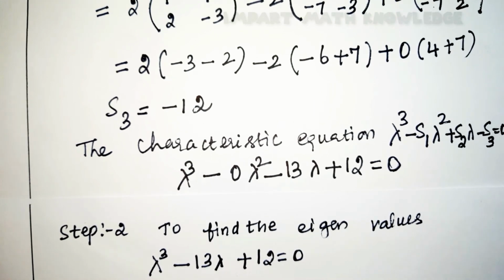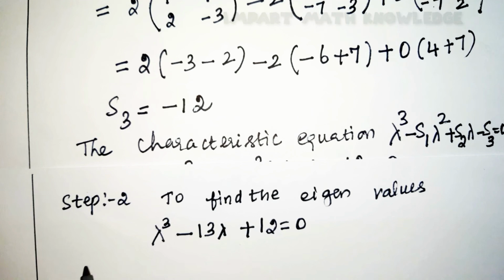The given problem is a 3 by 3 matrix, so we get a third degree characteristic equation. We need to find 3 eigenvalues. For finding eigenvalues, we have to find the roots of the characteristic equation. For finding the first root, you have to substitute the values one by one starting from 1.